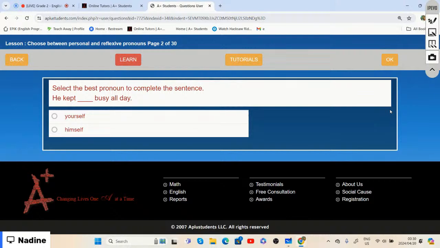So option two, he being a boy, kept, do we say yourself busy all day, which is option one, or option two, which is he kept himself busy all day?